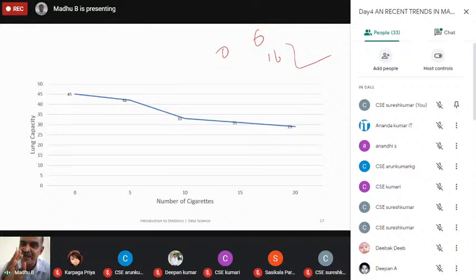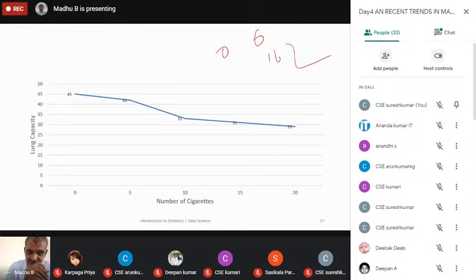Why am I calling it ratio data? Because a non-smoker means 0 cigarettes. Then I bin it. I am using a binning technique: less than or equal to 5, 6 to less than or equal to 10, and so on.